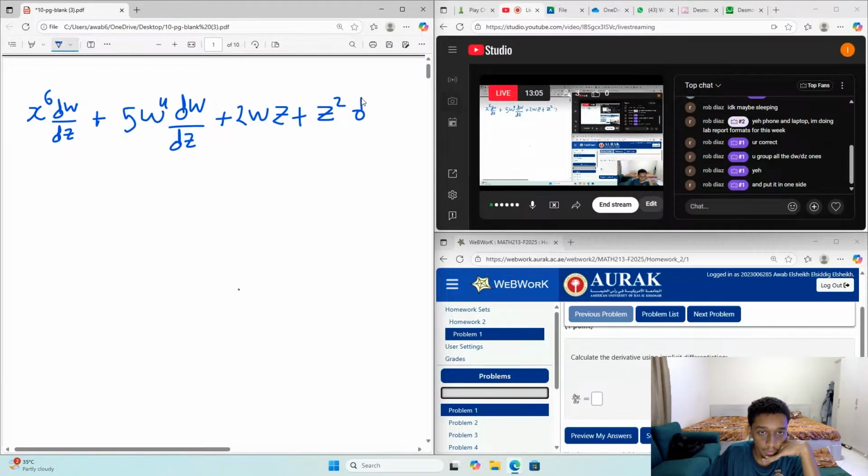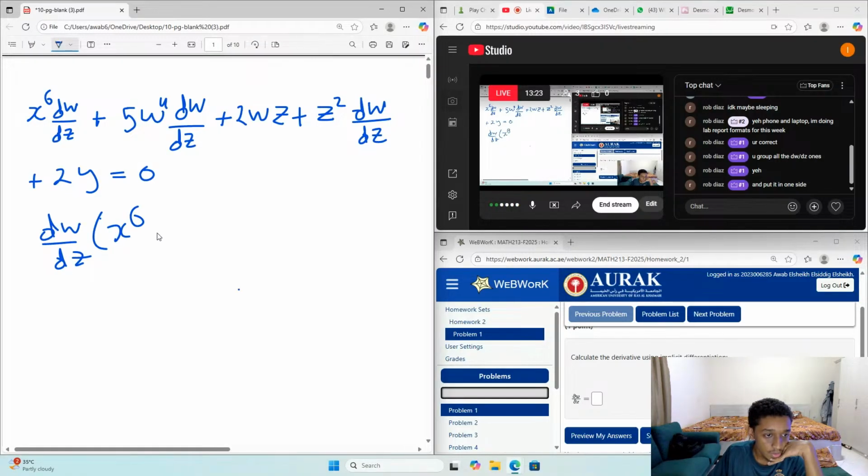The derivative of w is dw over dz. And the last one, plus 2yz, is just plus 2y. It's equal to 0. So we take dw over dz. Now it's x raised to 6 plus 5w raised to 4 plus z squared.